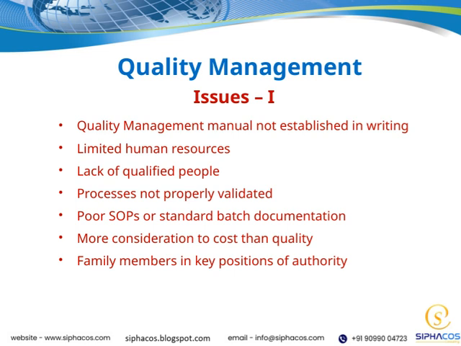While managing costs is important, sacrificing quality can lead to bigger issues down the line. Lastly, there's a notable influence of family members in key positions of authority, which can complicate decision-making and accountability. All these issues highlight the need for a more structured and robust quality management system to ensure that quality is at the forefront of everything we do.